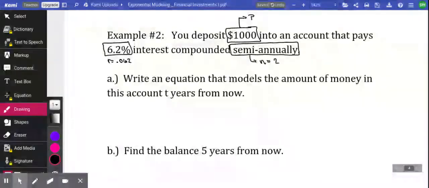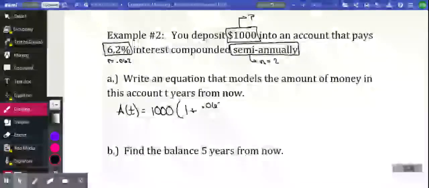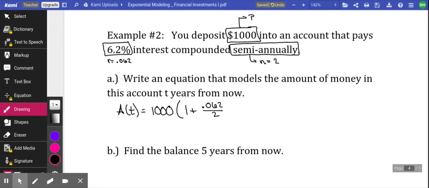It happens twice per year. So let's say the amount of money in my account as a function of time would be 1,000 and in parentheses 1 plus 0.062 divided by 2 raised to the 2t power.